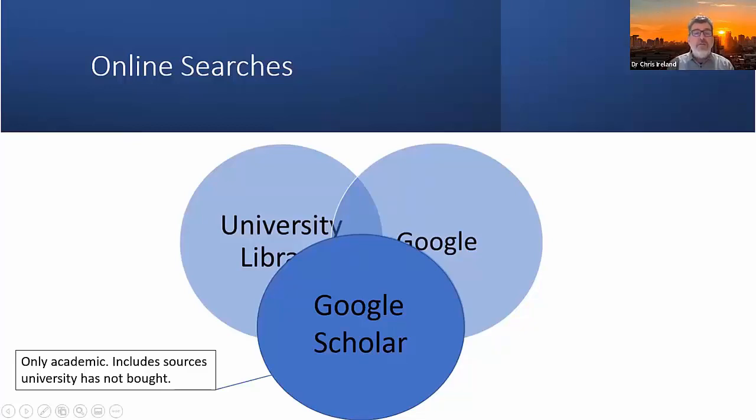So it includes sources that your university has not paid for. And that will be for two reasons. One, there's lots of free resources in Google Scholar. So PhDs in university repositories, and other papers that might not have been published in journal articles, or there may be free journals that maybe your university library hasn't incorporated.